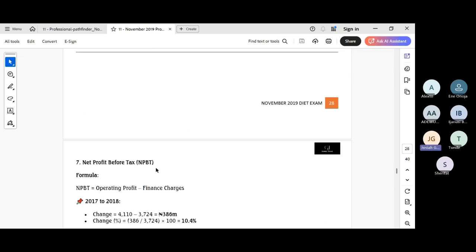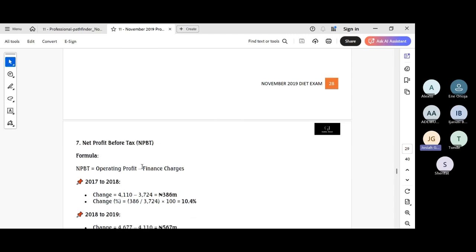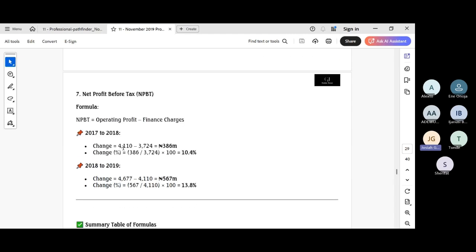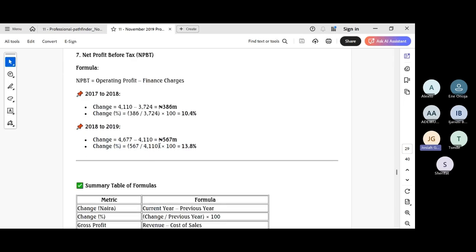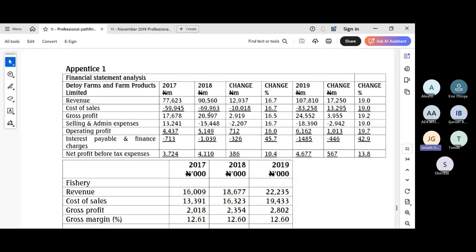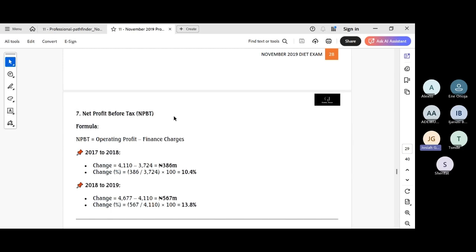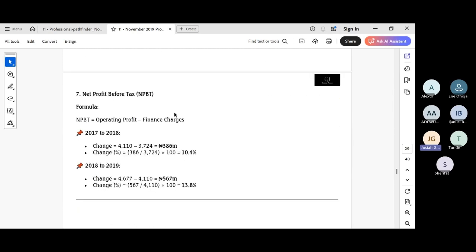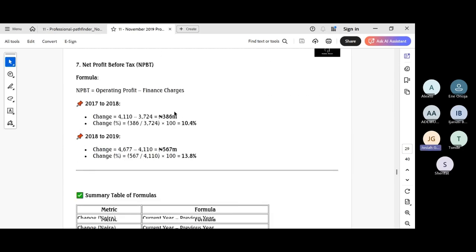We also have the net profit before tax, for 2017, 2018, and 2018, 2019 also. So all the computation of what is on this table is easily followed through based on these tutorials. So take your time to look at these figures and the computations so you don't get confused.